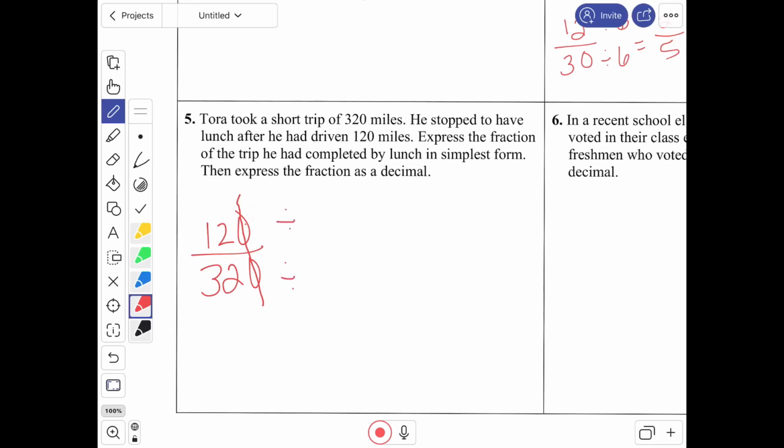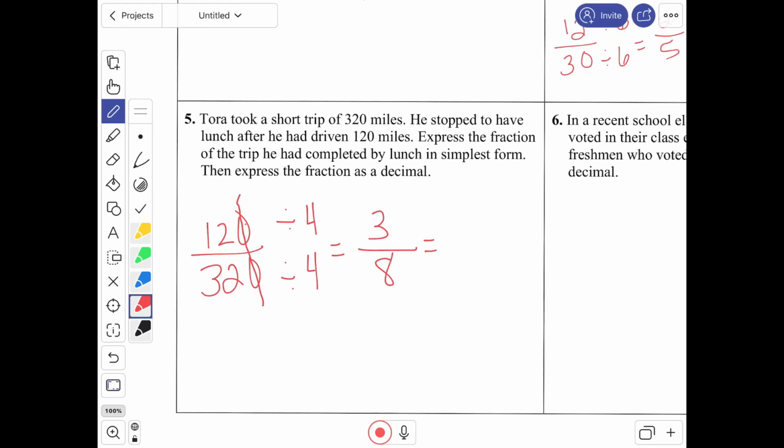So what could I divide 12 and 32 by? 4. They both divide by 4. 12 divided by 4 is 3. 32 divided by 4 is 8. And this is also a common one. Often the 8s are on the STAR test.